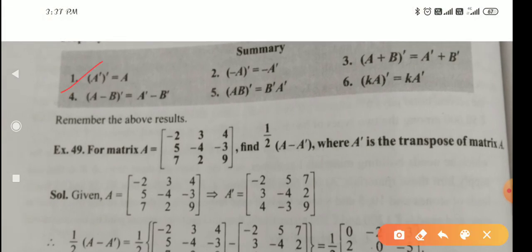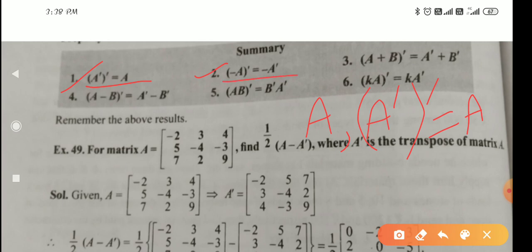First property, transpose of transpose matrix of A equals A. If you are having a matrix A and you are finding its transpose A dash, and now you are taking again transpose of A dash, it will become A. Second property, transpose of minus A equals minus transpose of A. Minus A, its transpose you are taking, it will become minus outside, transpose of A. Two properties I have explained.